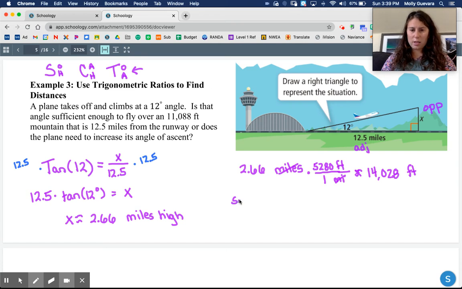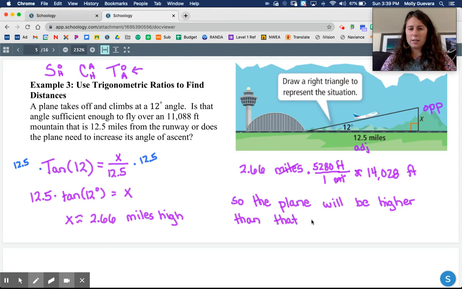So we can say the plane will be higher than the mountain, right? 14,000 feet is taller than 11,000 feet, so the plane will clear the mountain by about 3,000 feet.